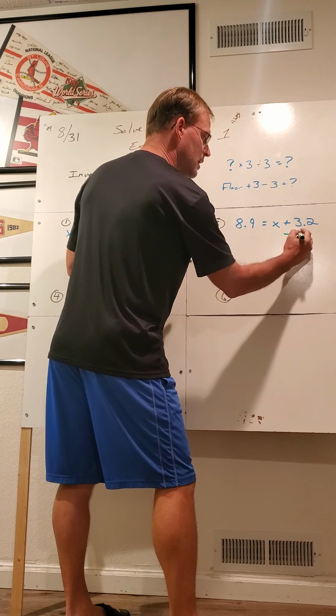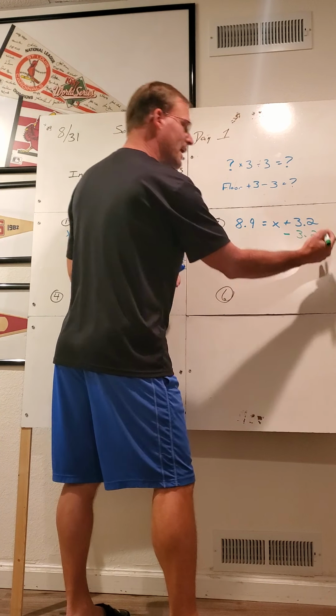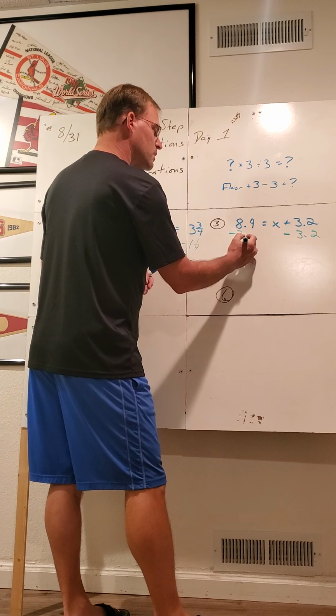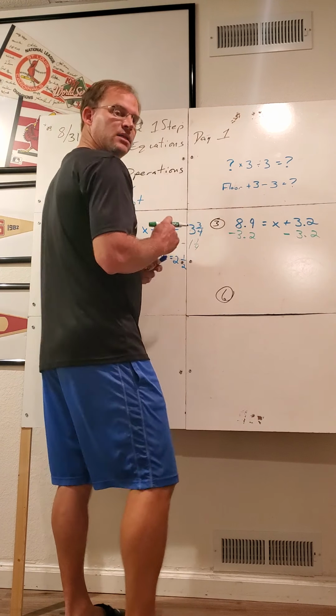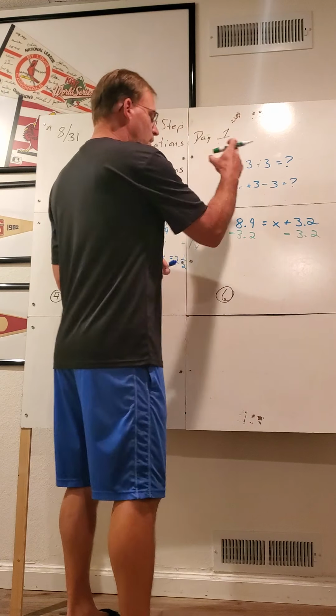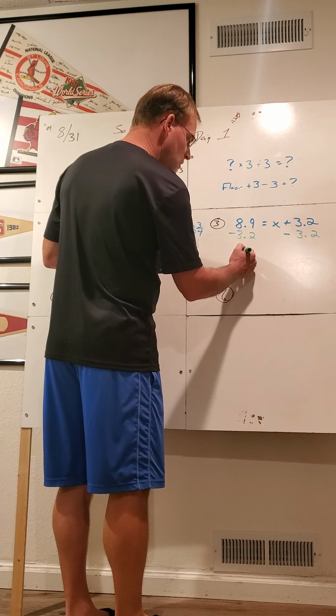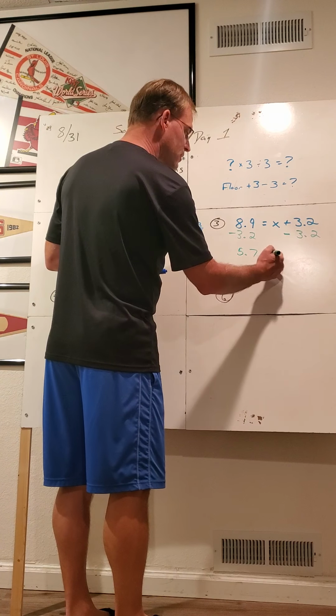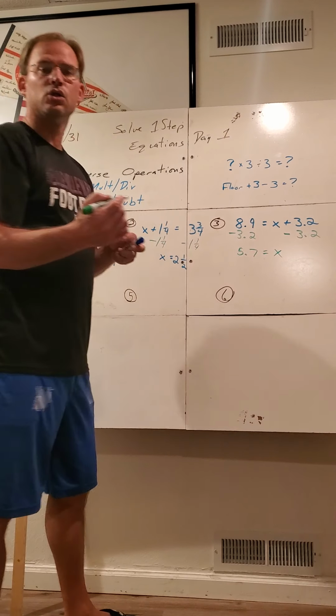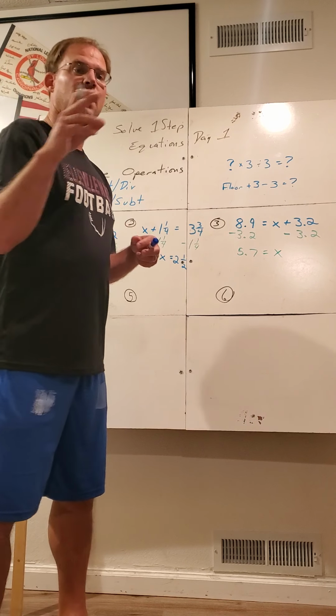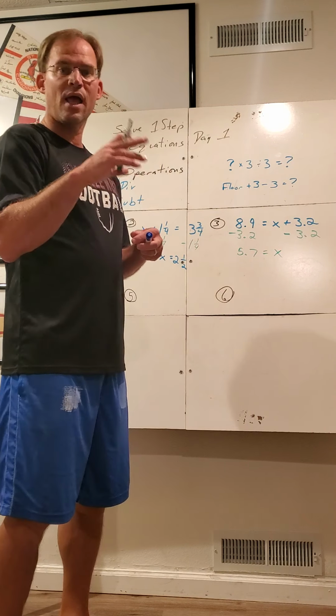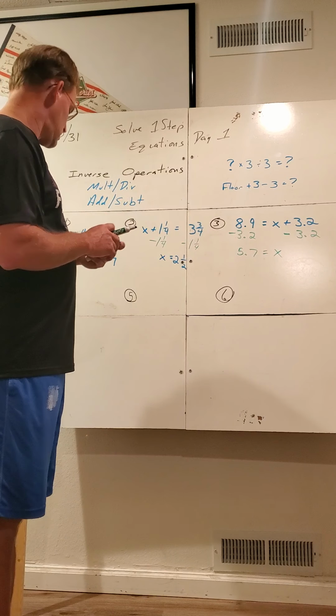Well, how do I get to where I started? I go back 3.2. I have to do the exact same thing on both sides of the equation. I get out my calculator. 8.9 minus 3.2, 5.7 is where I started. Inverse operation. Do the opposite.